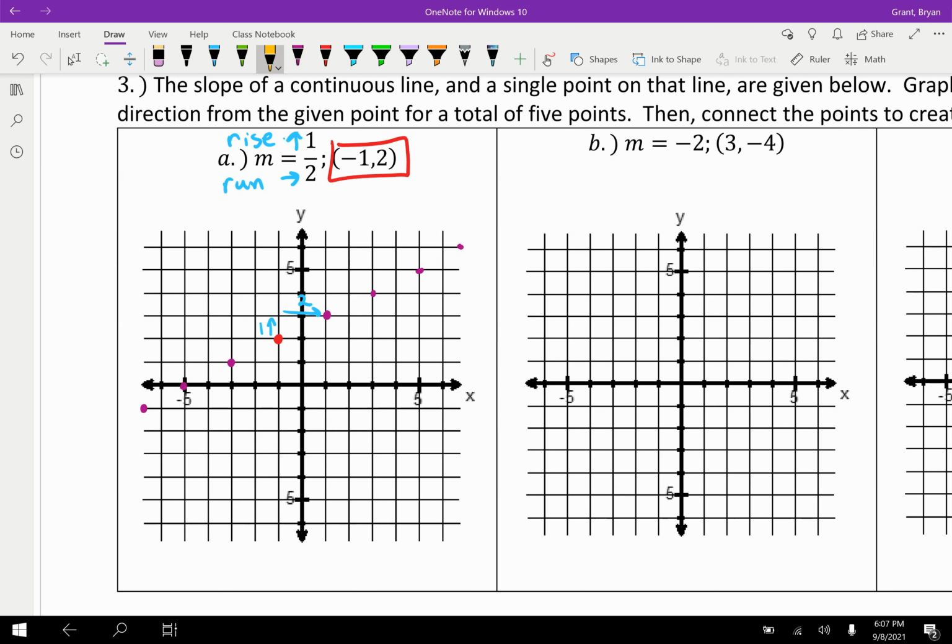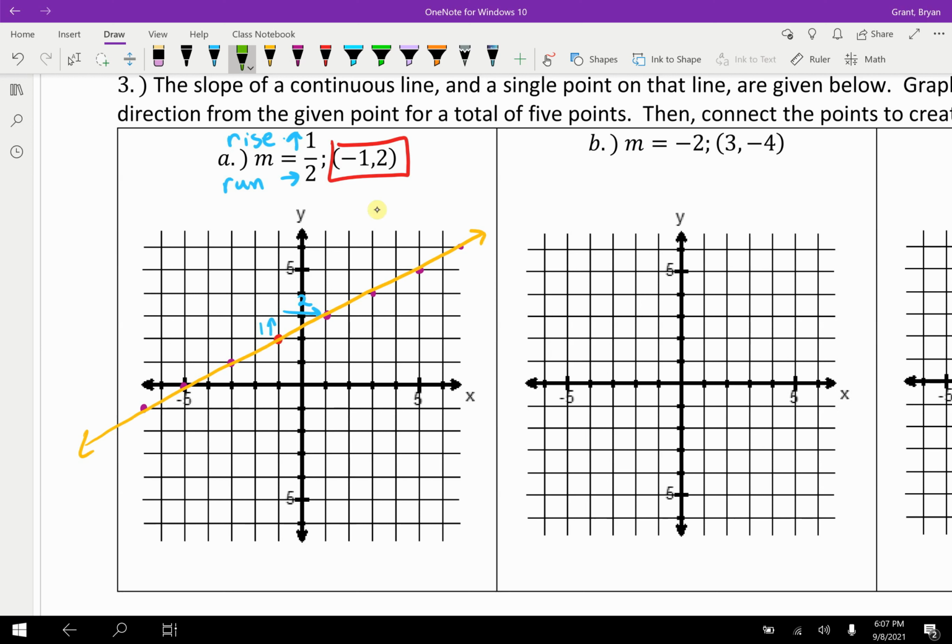And then we don't just leave them as points. We do actually need to connect all of these points. And the reason we need to connect them is, first, they told us it needs to be a continuous function. Individual points are not continuous. But second, we need to show that every point on this line is connected by a slope of up 1 over 2.